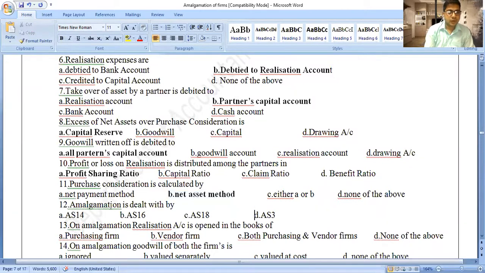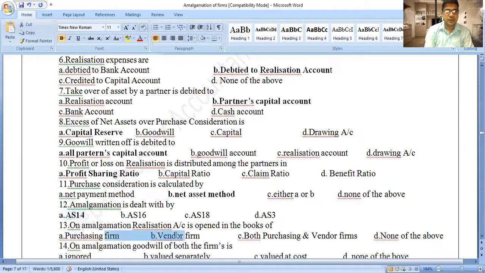Amalgamation is dealt with by accounting standard 14. Amalgamation account is opened in the books of purchasing firm, vendor firm, both or none.